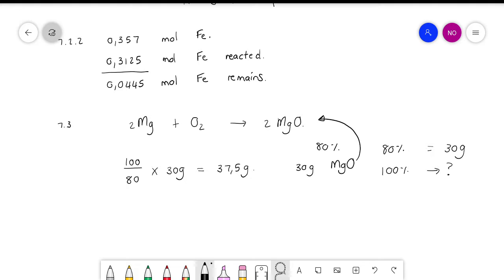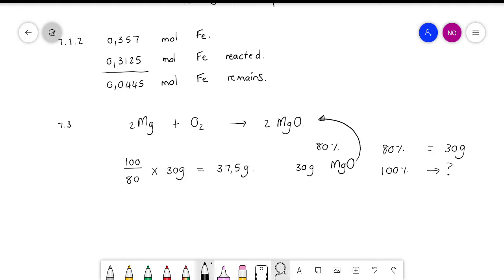So dis van waar ons werk is. Why do we say 100 divided by 80 instead of 80 divided by 80? Because 80% is equal to 30. So 100% must be bigger than that. In wiskunde, as mens vermeerder, dan draai jy dit op. So if you're increasing, then you swap them around. If you're decreasing, then you have the smallest one at the top and the biggest one at the bottom.